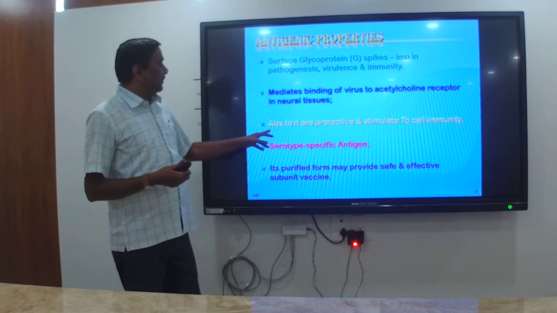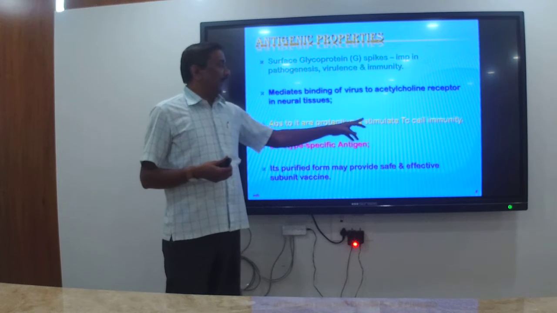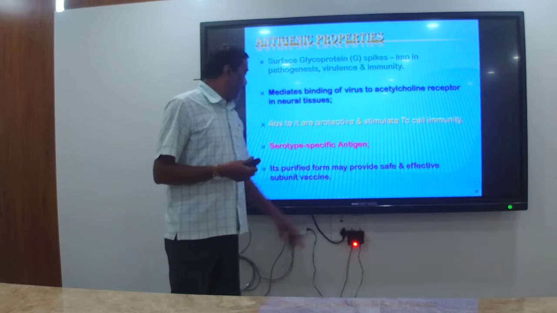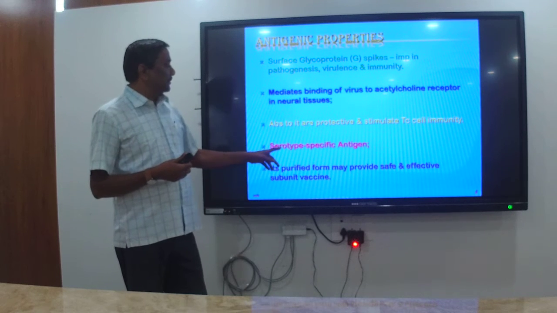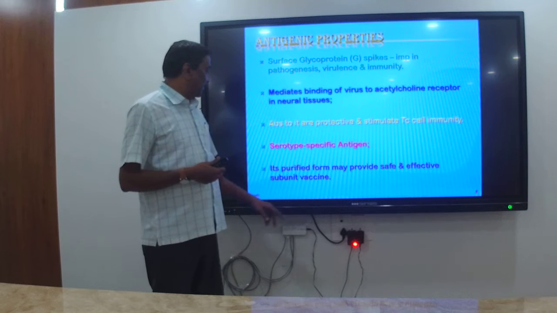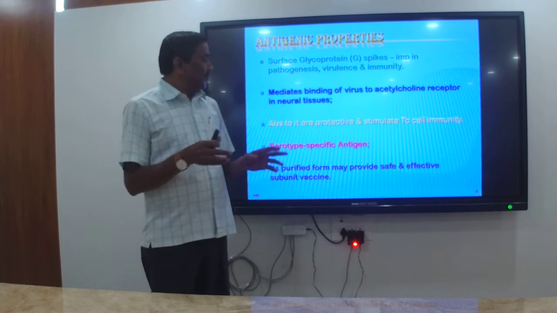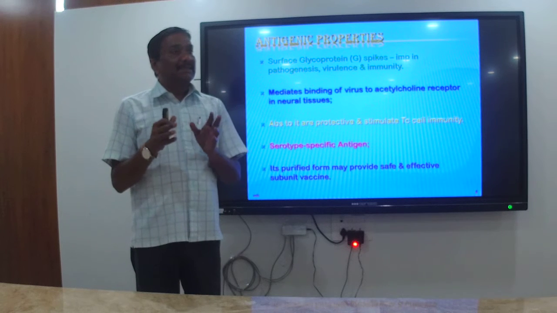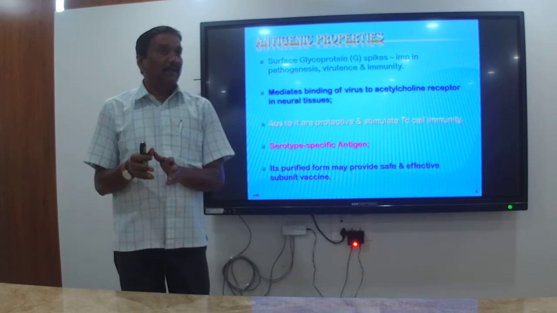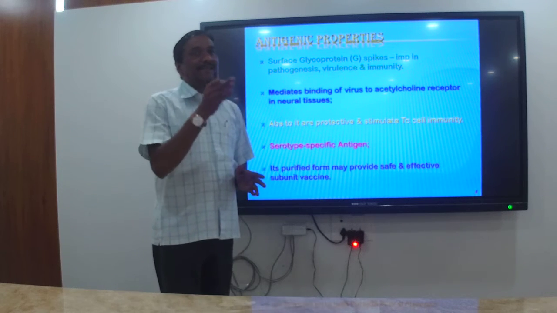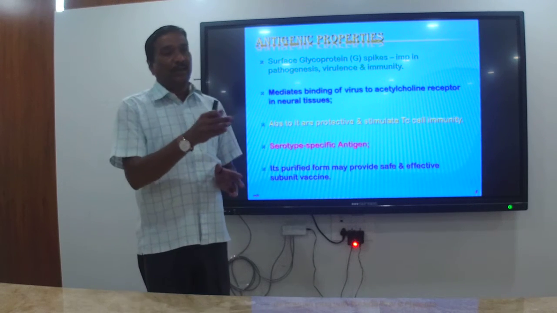Antibodies to this are protective and stimulate cytotoxic T cell mediated immunity. This glycoprotein is a serotype specific antigen, and its purified form may provide a safe and effective subunit vaccine. This is very important because this is the vaccine said to be most safe against rabies.